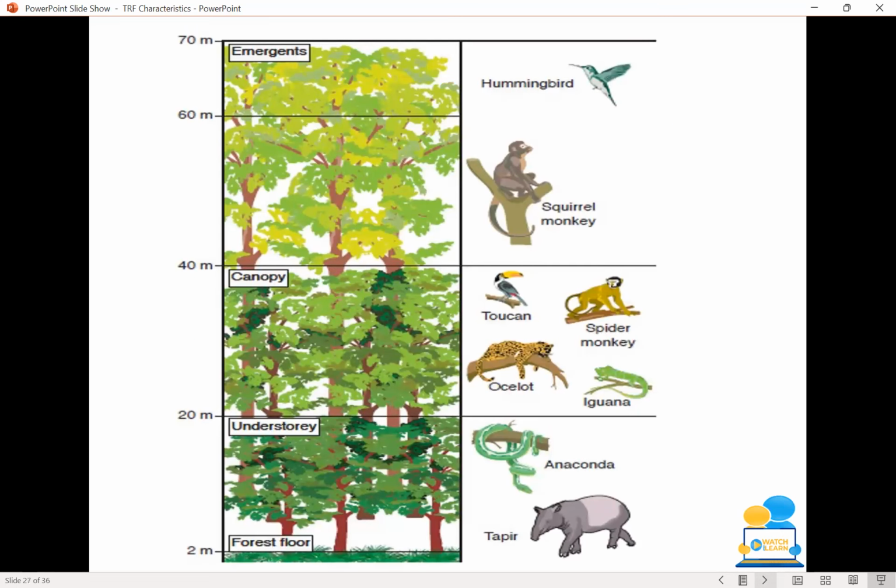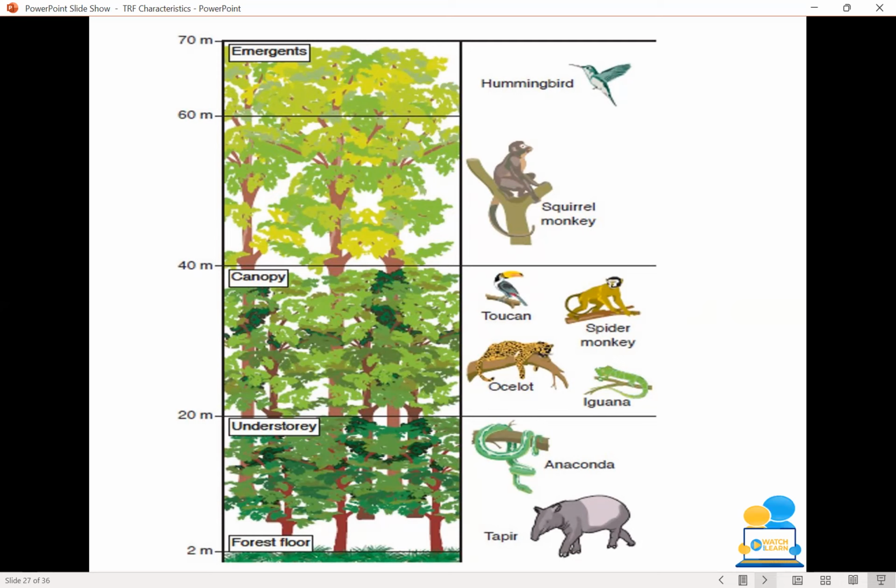This is an example of different types of animals that you can find in the 4 different layers of the rainforest. So for example, on the forest floor, you're going to find things like a tapir, maybe a snake like an anaconda. Further up, you might find in the canopy an ocelot or jaguar, an iguana, spider monkey or toucan. You've got the squirrel monkey above that.